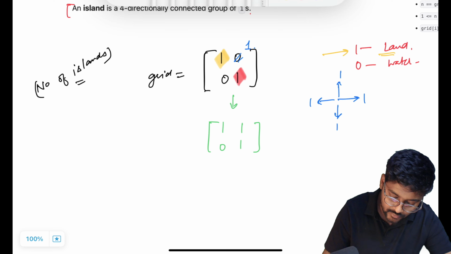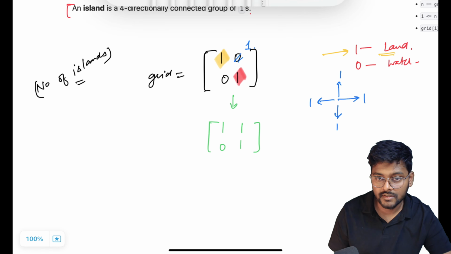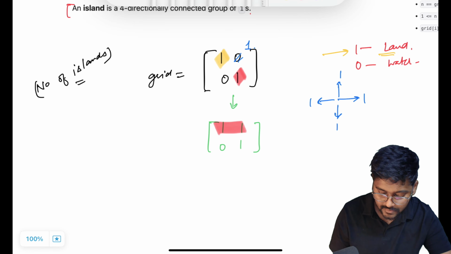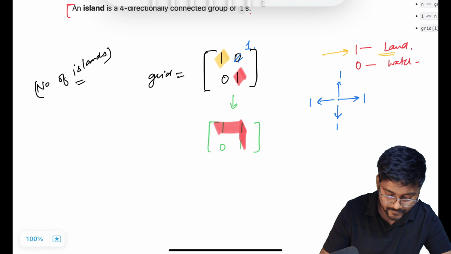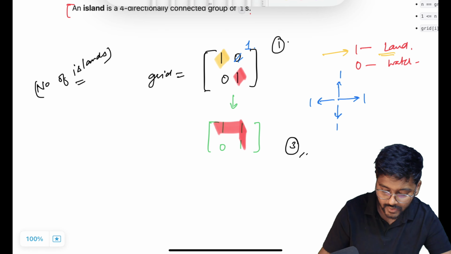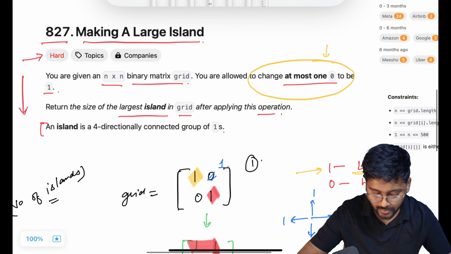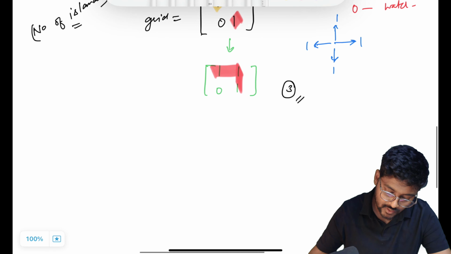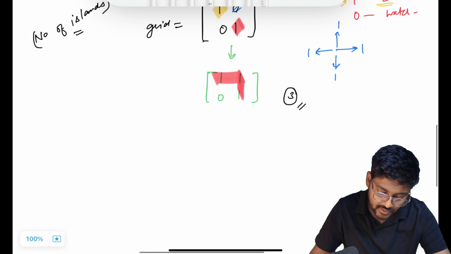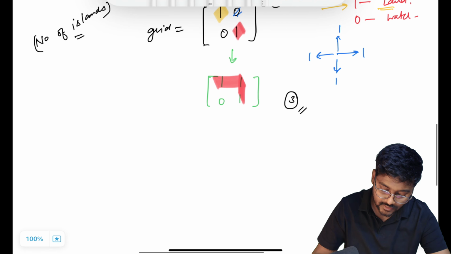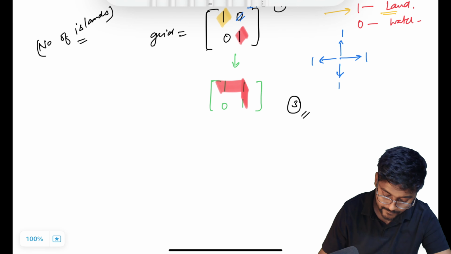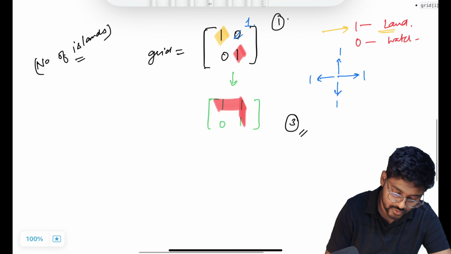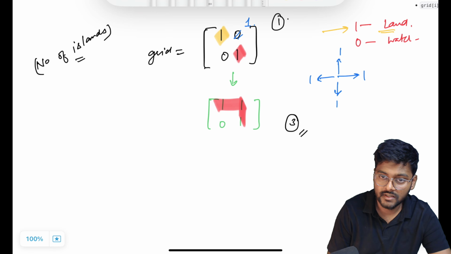Now the maximum island size has become 3. Initially it was 1, and now it has become 3 because we applied the operation given in the problem statement. So this operation can increase our area significantly, not just by one cell.